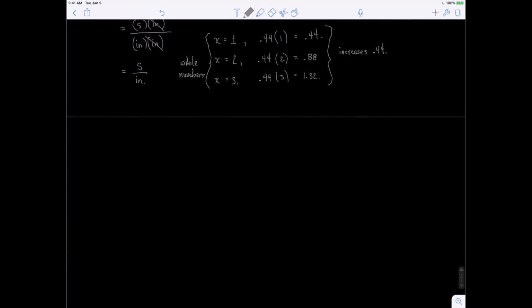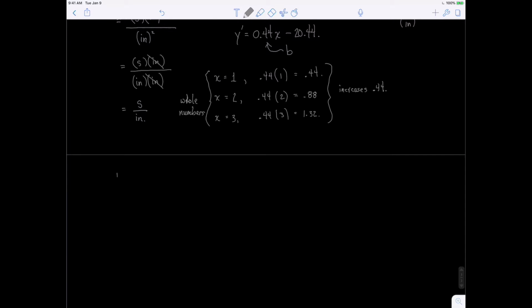B is the multiplier between x and y. That's what it does.